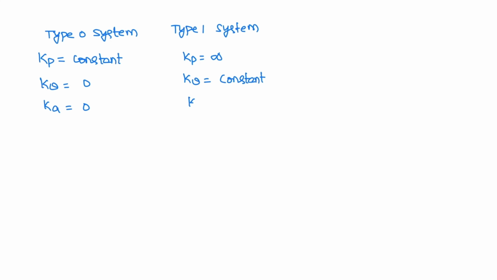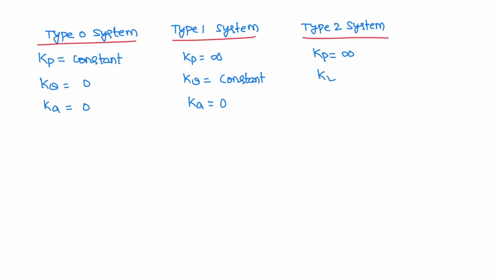For a type 2 system, the positional error constant is infinity, the velocity error constant is infinity, and the acceleration error constant is some constant value.